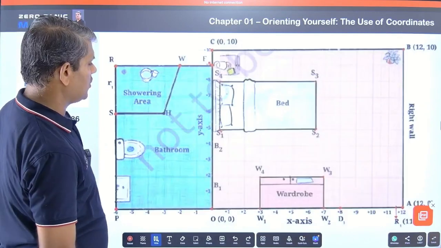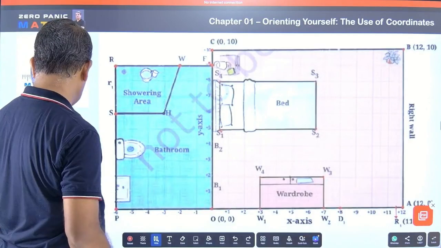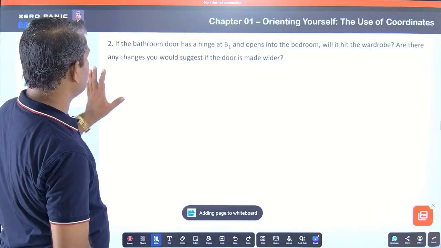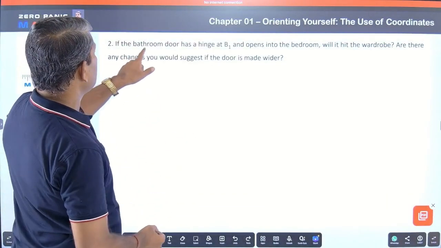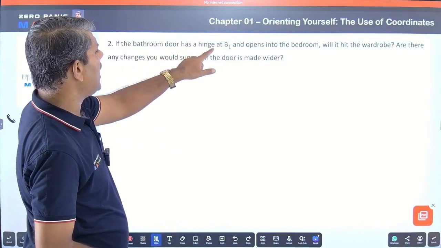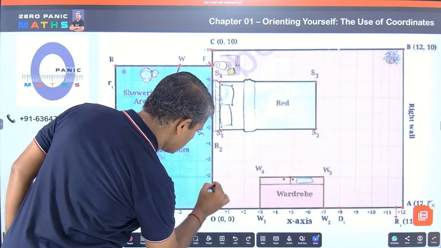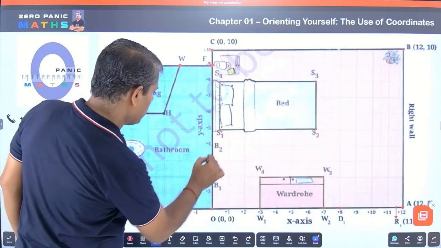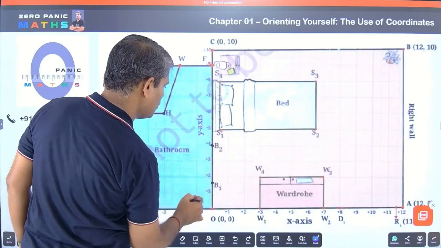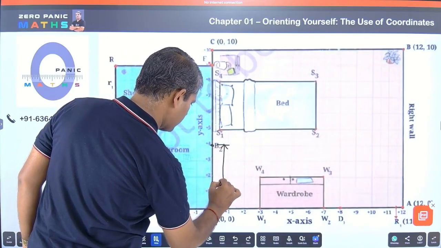What is the second question? Referring to the figure, I've given the figure once again because all these questions are based on the same figure. Now, if the bathroom door has a hinge at point B1, let us consider this is point B1. We know that this is 1.5, point B1 and point B2. Now this is that door.